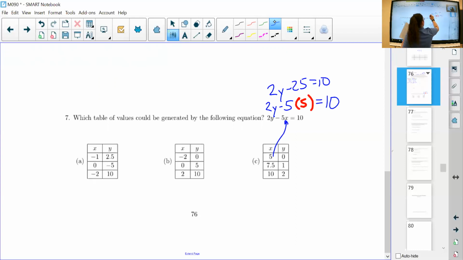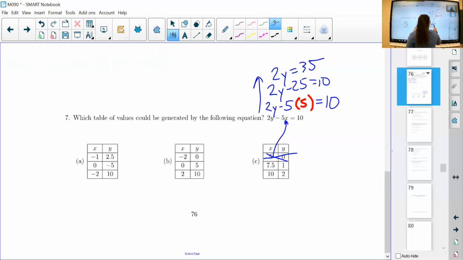I'm going up, which is kind of bad board work, but just bear with me. 2y equals 35. Y is, well, it's 17.5, but I don't even need to know that. I just can tell that it's not 0, that's for sure. So this is wrong. If we wanted to check another point, we could, but once one point is wrong, we know the whole chart is wrong, unless we made a mistake. I don't think we did though.